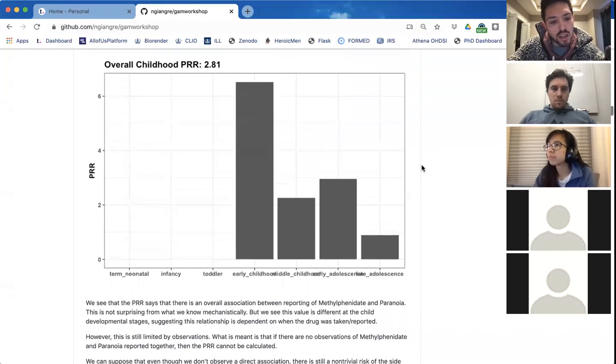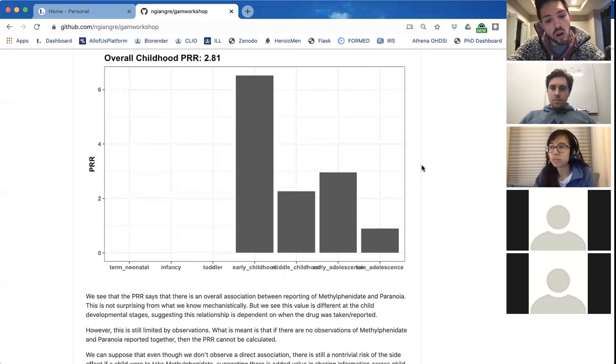So we see that the PRR says that there is an overall association between reporting of methylphenidate and paranoia, and this is not surprising given what's been published. But we see this value is different at the child development stages, suggesting a dependent relationship on when the drug is taken or reported.